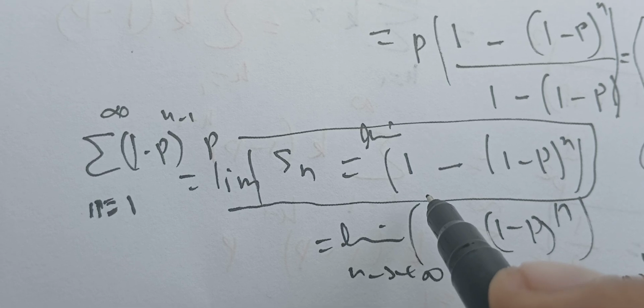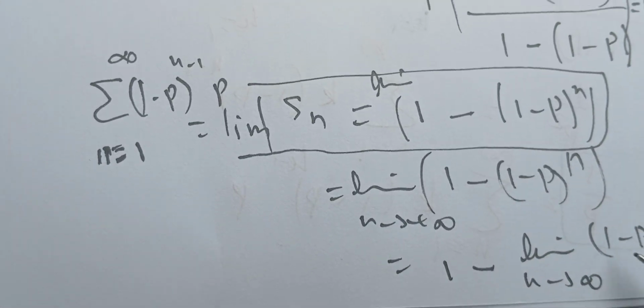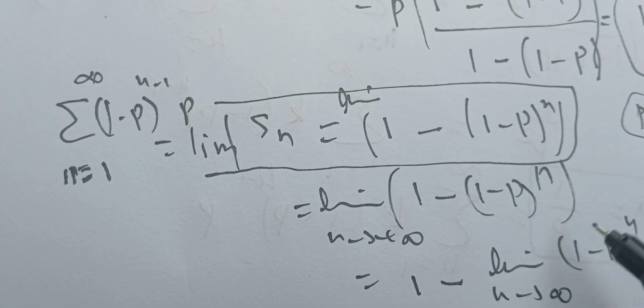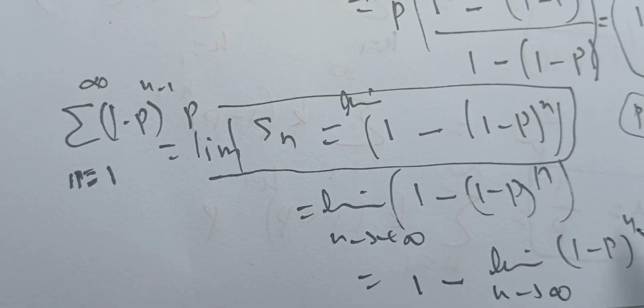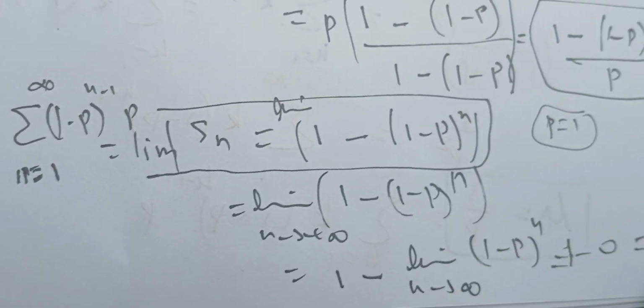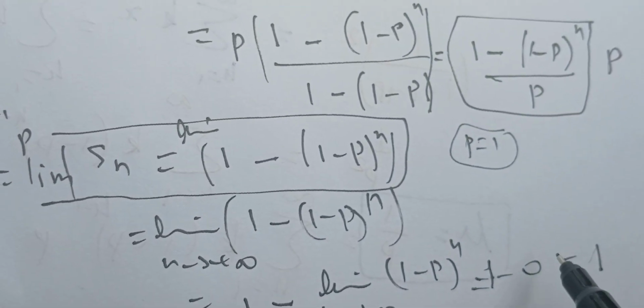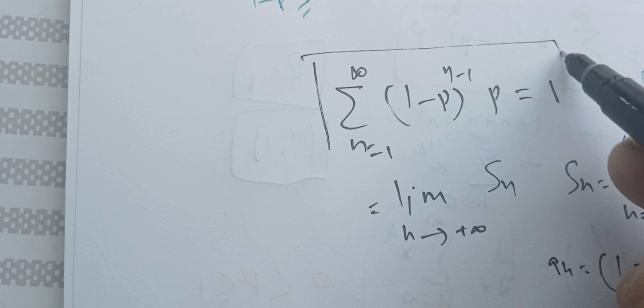And when p is less than 1, this is a ratio that's less than 1. When I take the power n, I get 0. Therefore, I have 1 minus 0, which is 1. And therefore, this proves that my sum here is 1.